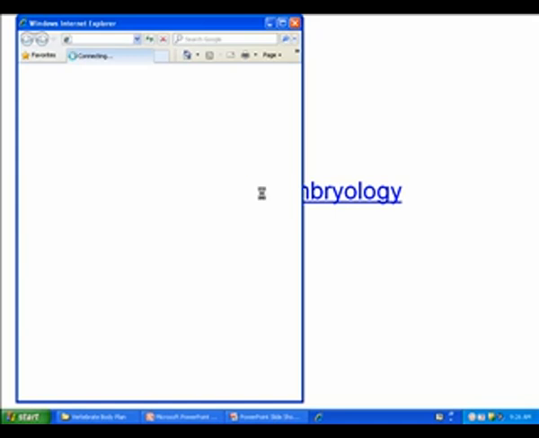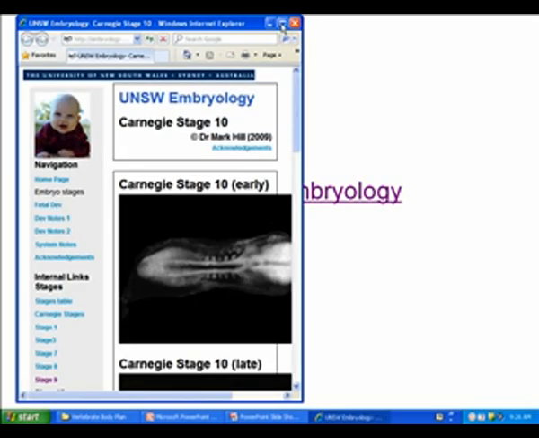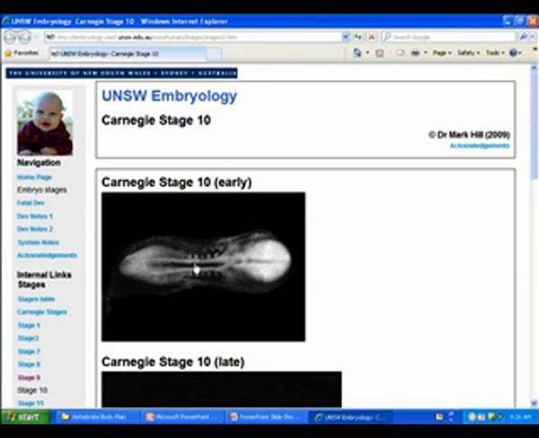If we look at an image from the University of New South Wales Embryology website, what we will see is the following. Here we see the embryo just prior to fusion. We can see the neural folds, the neural groove in the midline.